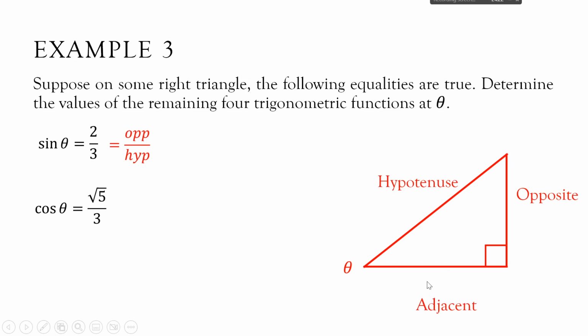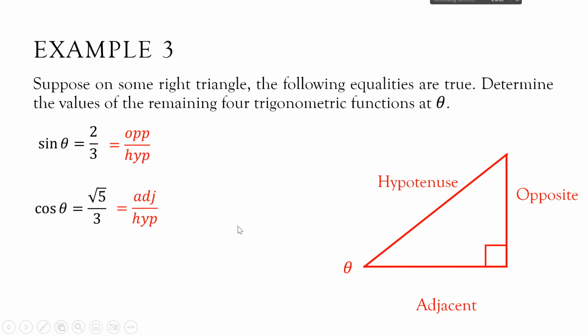And I went ahead and labeled these, by the way: opposite being the opposite side, adjacent being the adjacent side, hypotenuse being the hypotenuse. Since sine is opposite over hypotenuse, this fraction is giving me a hint saying that my opposite is 2 and my hypotenuse is 3.